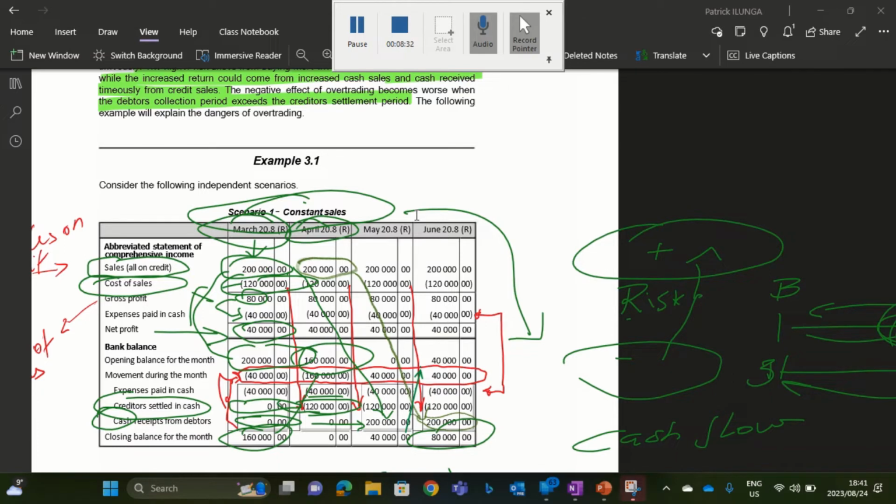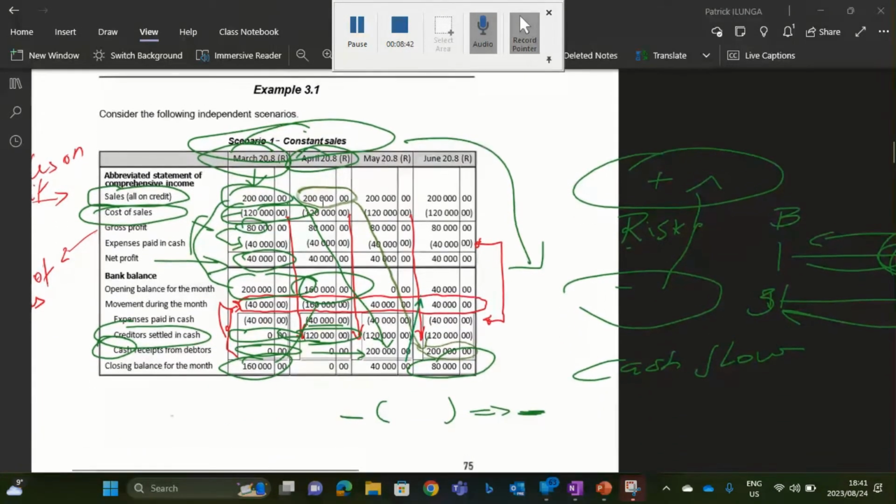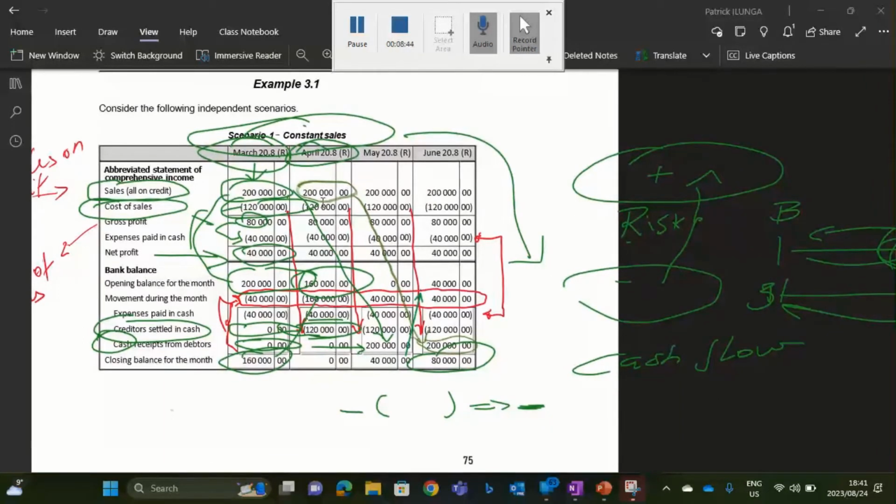We would assume that this particular business does not want to take the risk of taking more inventory on credit, right? So scenario one, if you go through it, everything is constant. You can see the sales is constant, the cost of sales is constant, the gross profit is constant, even the expenses are constant. The net profit is constant, right?